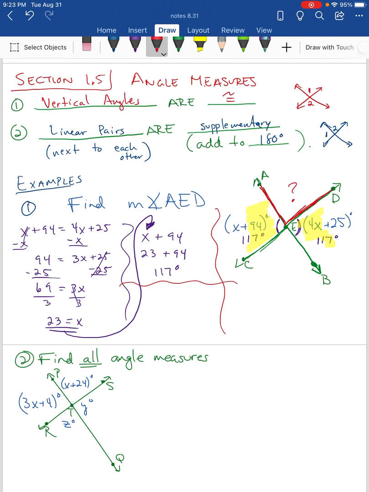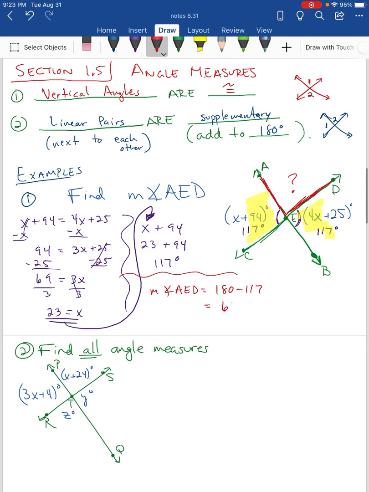Because they're linear pairs, the measure of angle AED is equal to 180 minus 117, because they are supplementary. That is the linear pair postulate. So 180 minus 117 gives you 63 degrees. So 63 degrees is my final answer here.